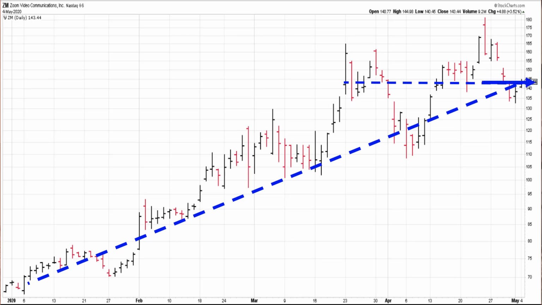And you could also see that if you connect the tops, it has a bit of a double top or the possible makings of an inverted cup and handle. So the point I'm trying to make is, even though something was strong for a while, it doesn't mean that obviously it's going to continue to be strong.